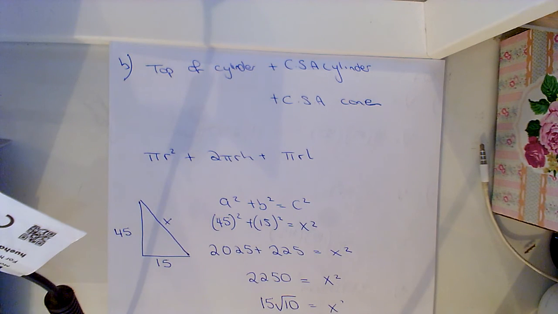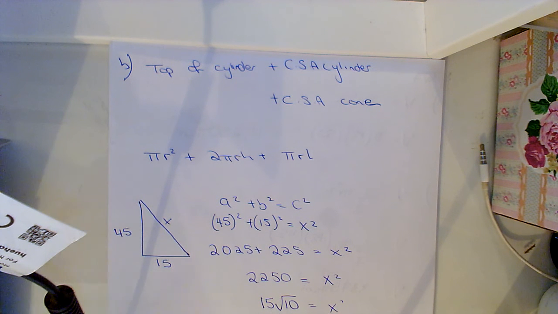The next part, part B, says to calculate, to three significant figures, the surface area of the remaining solid. Okay, so what I have is the top of the cylinder plus the curved surface area of the cylinder plus the curved surface area of the cone. So I have pi r squared plus 2 pi r h plus pi r l. I need to get my slant height, so I have a squared plus b squared is equal to c squared.